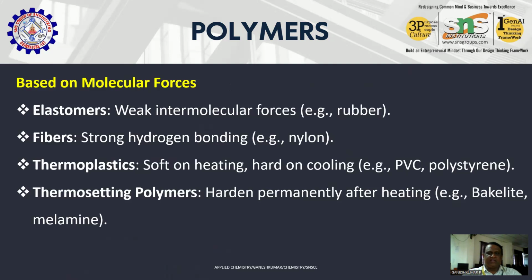Rubber, we can squeeze and twist it, but with a little heating the rubber can decompose and melt. So elastomers have weak intermolecular forces. Then fibers, with strong hydrogen bonding like nylon, which has strength, but at high temperature it won't withstand and it melts.